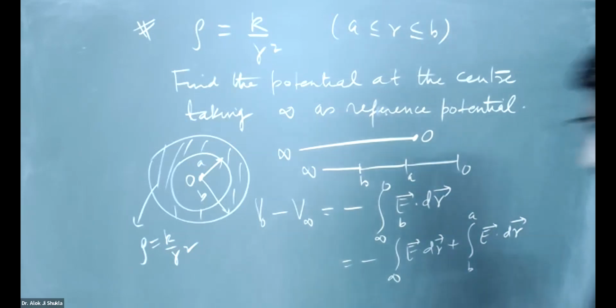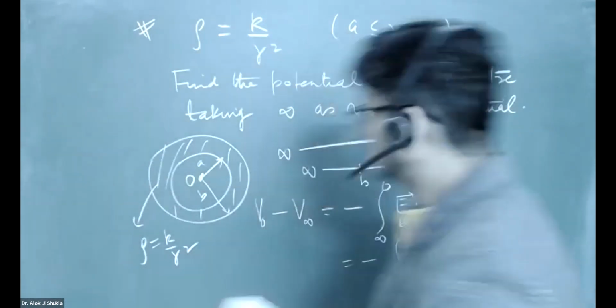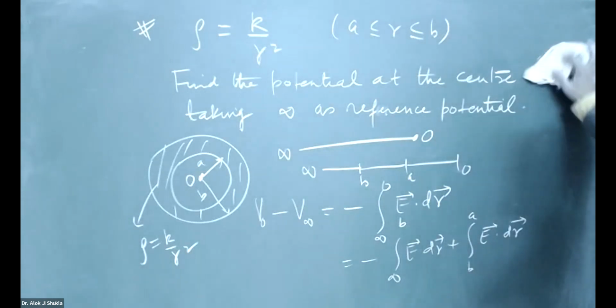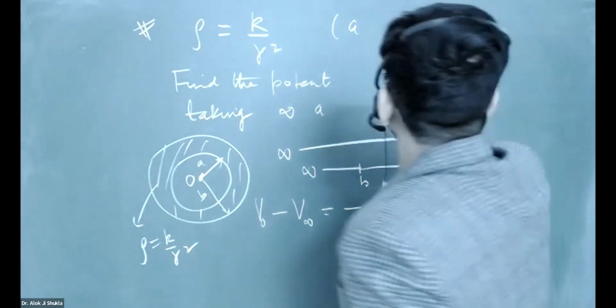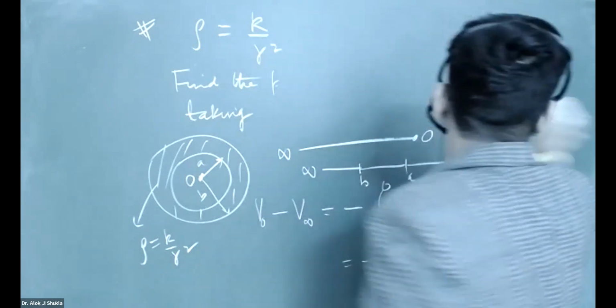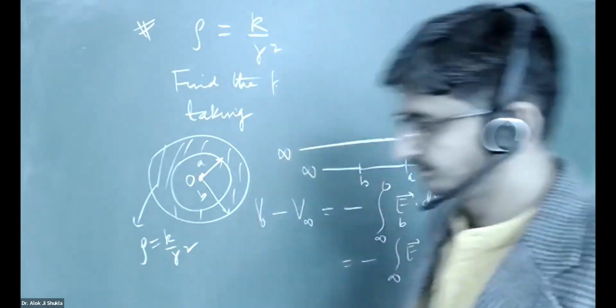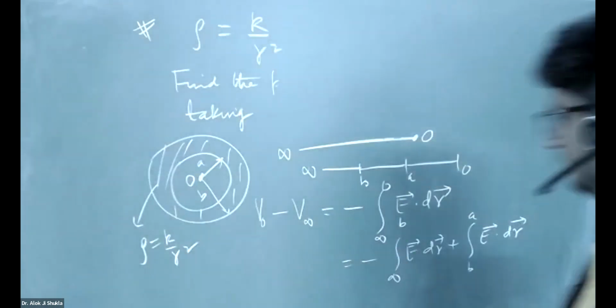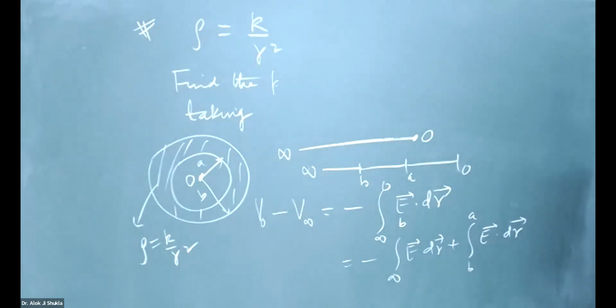देखते रहना भाई. So infinity to B, field की प्रोफाइल कैसी होगी? K by epsilon 0 r square (b minus a). हम लोगों ने निकाला भी हुआ है ना पहले? Yes, sir. Gauss law use करके.